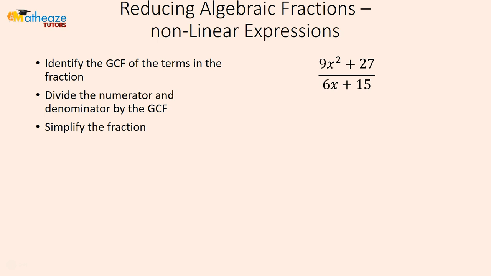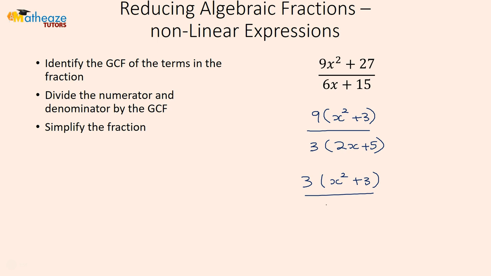That should give us 9, and then I have x squared plus 3, and then at the bottom we have 3, that's 2x plus 5. So now we can see 9 and 3, 9 divided by 3, that gives us 3. So that's going to give us x squared plus 3 over 2x plus 5.